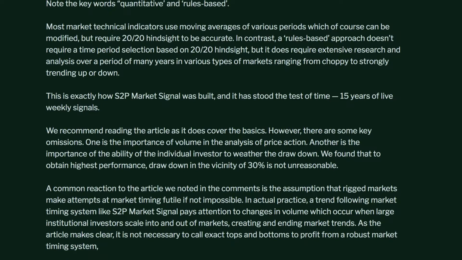A common reaction to the article we noted in the comments is the assumption that rigged markets make attempts at market timing futile, if not impossible.